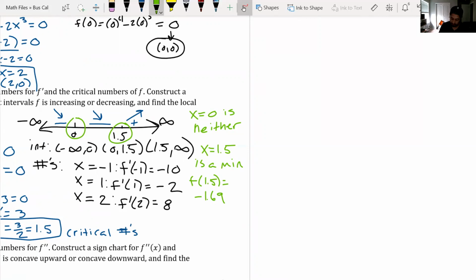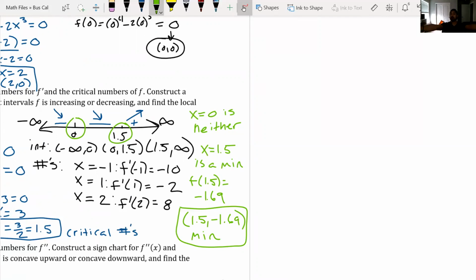So this means that at 1.5 and negative 1.69, we'll have a minimum. There you go. And that's what we're looking for.